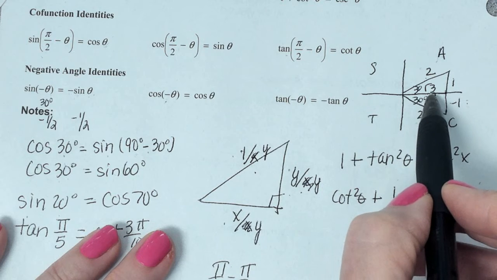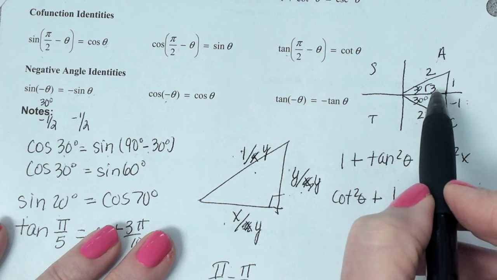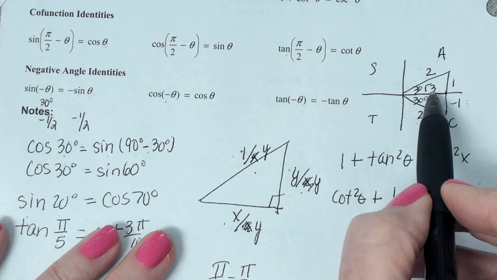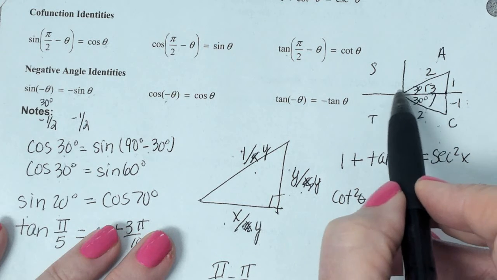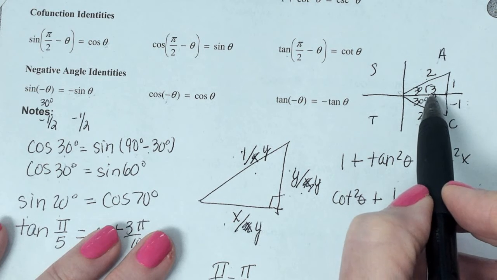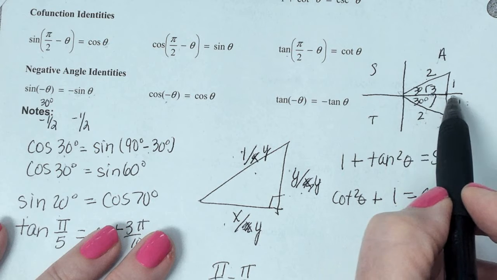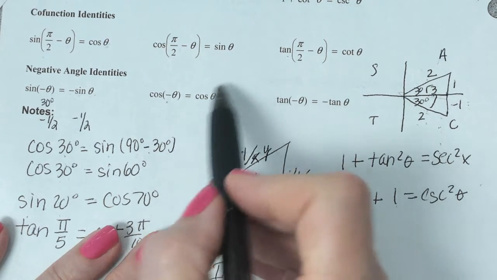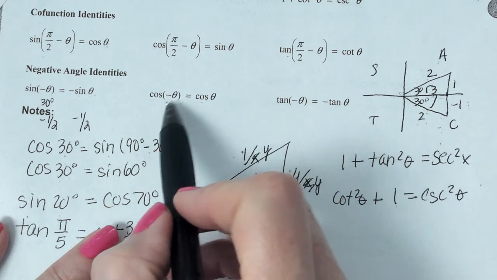So this would be saying if I do cosine of -30, it's the same thing as the cosine of +30. Look at it. The cosine of -30 would be adjacent over hypotenuse. The cosine of +30 would be adjacent over hypotenuse. Do you see how they're both positive? They're both radical 3/2. So we don't have to change the sign.